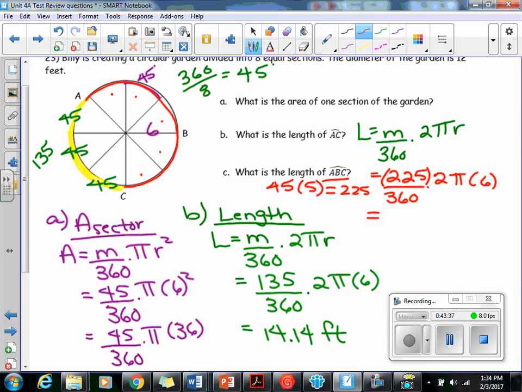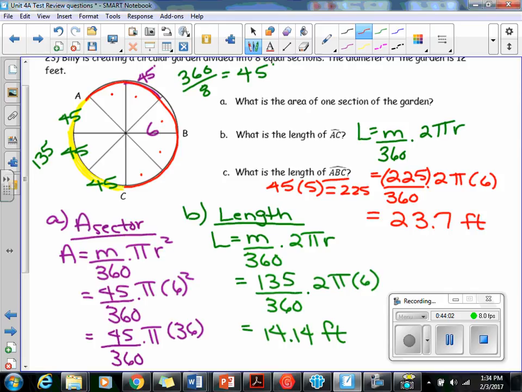Now you can multiply straight across the top. Multiply 225 times 2 times 6 times pi, and then divide by 360. And what do you get? 23.7, and these are feet.